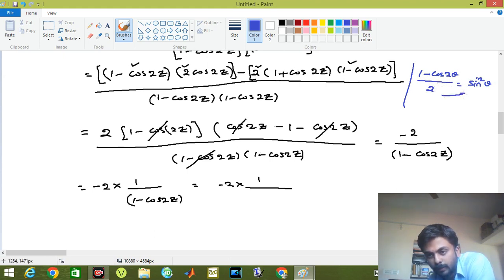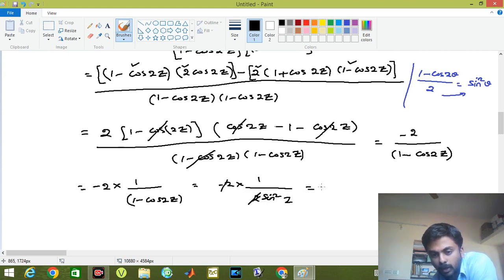So this 2 can be brought to right hand side. So we will have 2 sin square z. This is equal to, these 2 and 2 will get cancelled.